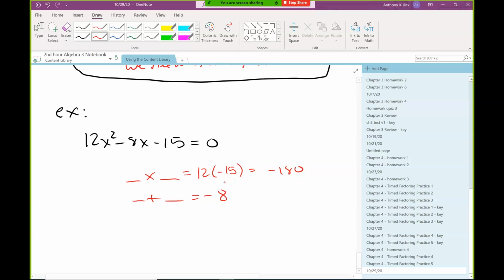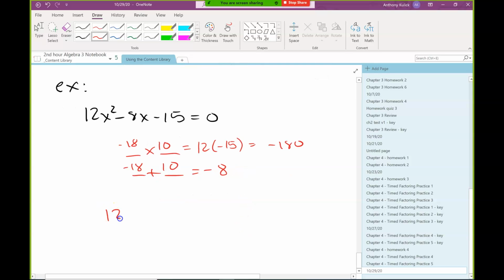Emily, do you see it? I thought I saw your hand up for a second. Good. Negative 18 and positive 10. Right? When you say it now, it's like, oh yeah, the 10 makes it easy to find, right?